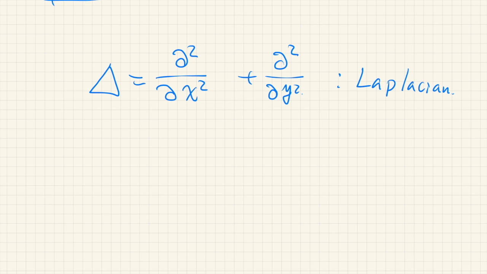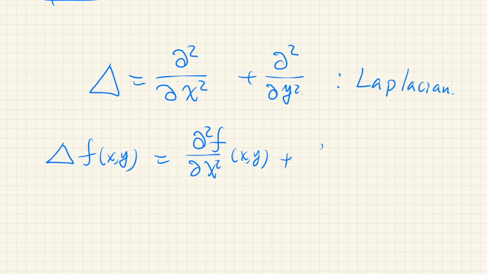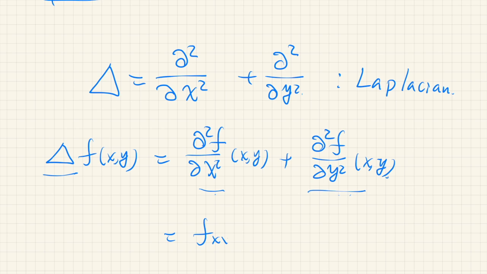So what this means is that if we apply this operator to a function, then we have this f of xy. So it's the sum of second derivatives with respect to x and with respect to y. So this is the effect of the application of the Laplacian. So this is f_xx and f_yy.